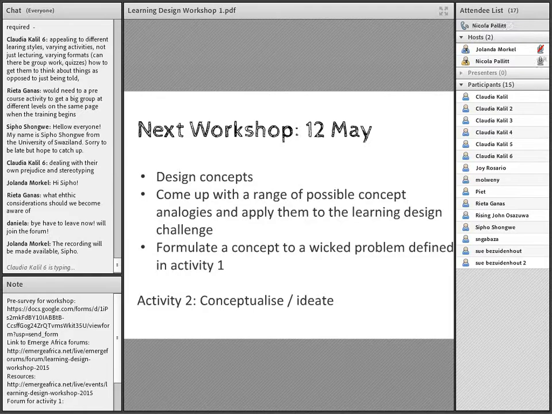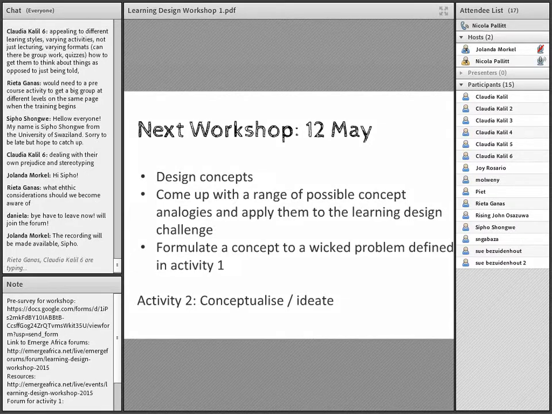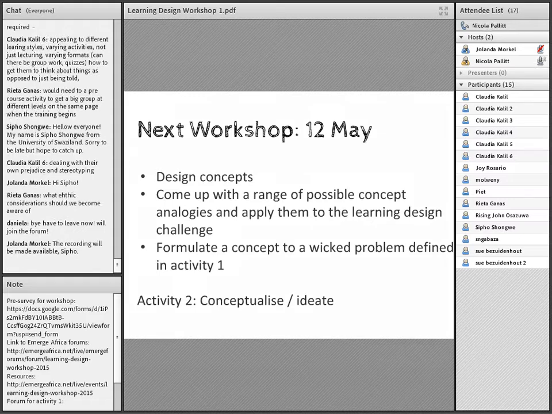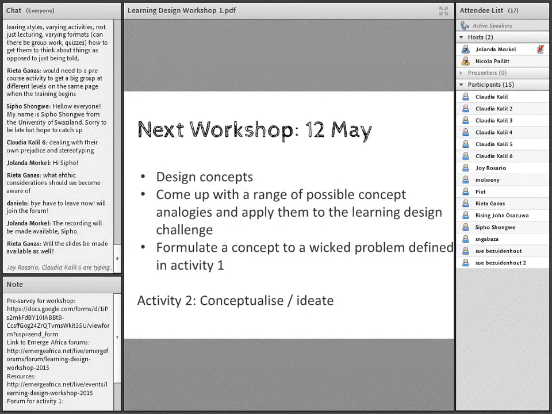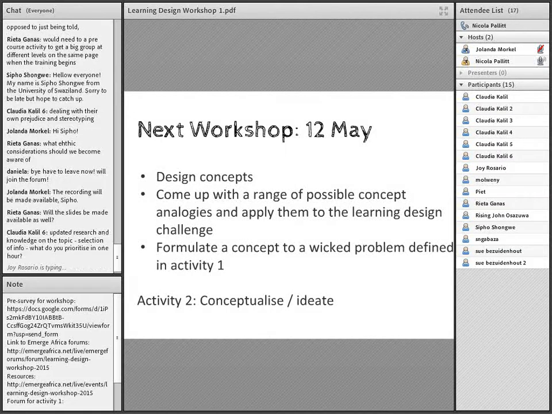Here we move into the next phase and we look at design concepts and we come up with a range of concept analogies and apply them to this learning design challenge. So what do you want your HIV training to be like? Should it be like The Amazing Race, or is it a treasure hunt or shopping experience?